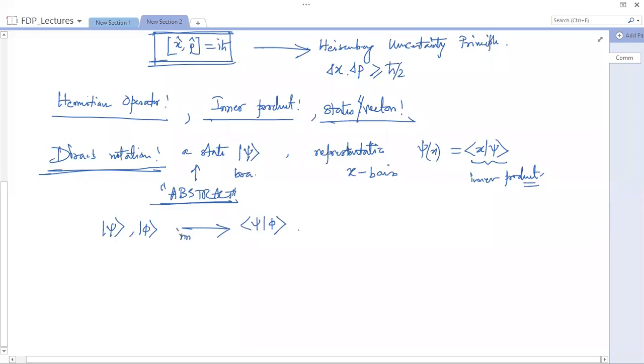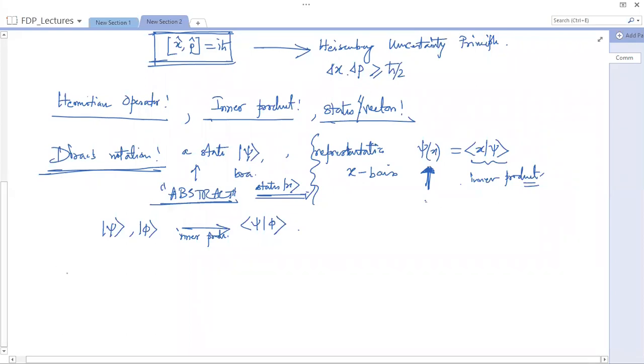As you have a state psi, you also have the states x, which are position eigenstates, and then you represent it in the x basis as the wave function. This is a little higher theory, but we can use Schrodinger equations in position representation for the purpose of the course, and we don't need to go into the details of Dirac notation.